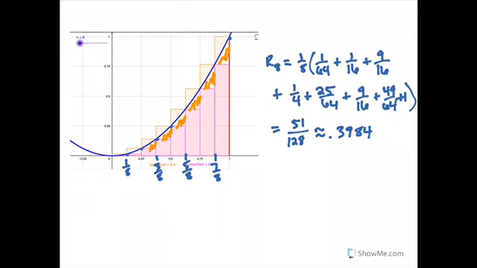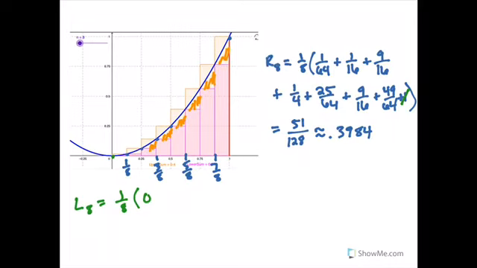Okay? If we do the left-hand side, again, the base of each rectangle is 1/8. And now I'm starting here, so I have a height of 0. And then I really don't have to do the calculations again because we already figured out the y values for all the rest of them. We just won't be using the 1.